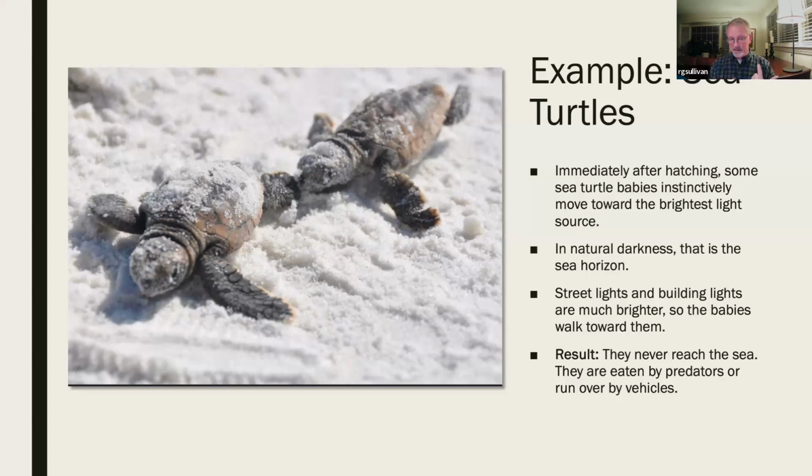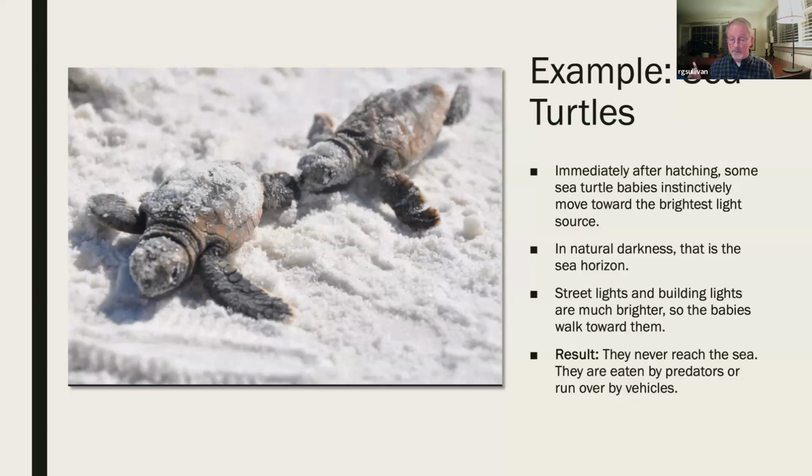These little turtles come up, and what they really need to do is get to the ocean immediately, because they are not agile on land, and there obviously are lots of dangers on land. In the absence of artificial lighting, in a truly dark sky, the brightest thing is the sea horizon. And so they go to the brightest light source.